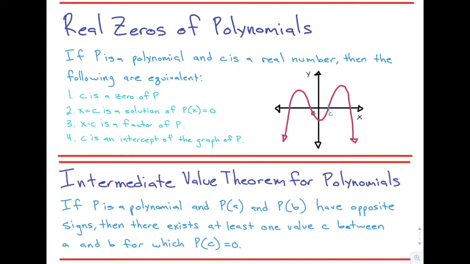Of course, if we had a and b really far apart, then we might have a chance that we've crossed the x-axis more than once. But as long as we know that we've changed sign, then we know that we've crossed the x-axis, and therefore we have a 0.